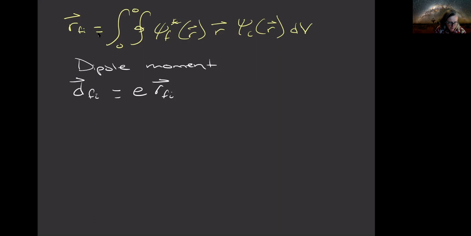Okay, so we can finally get to Einstein B coefficient. And in fact, it turns out that the semi-classical approach allows you to predict an Einstein B coefficient, but it doesn't allow you to predict an Einstein A coefficient.